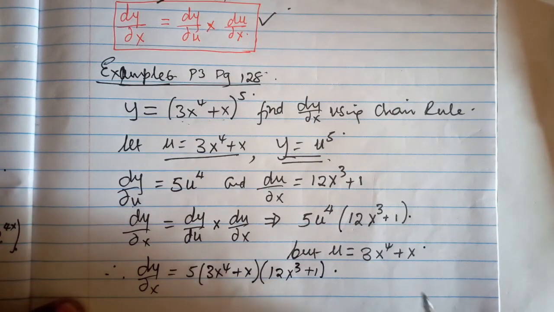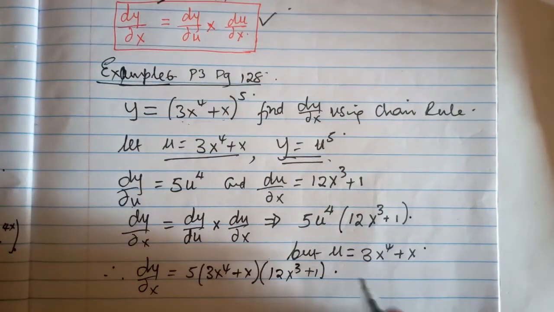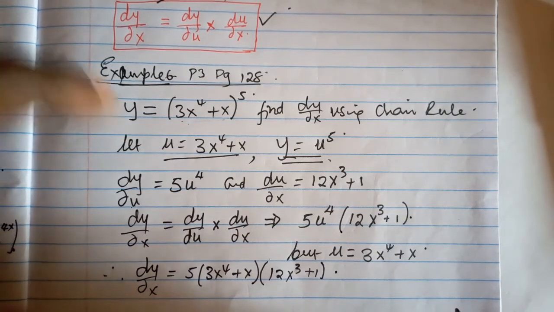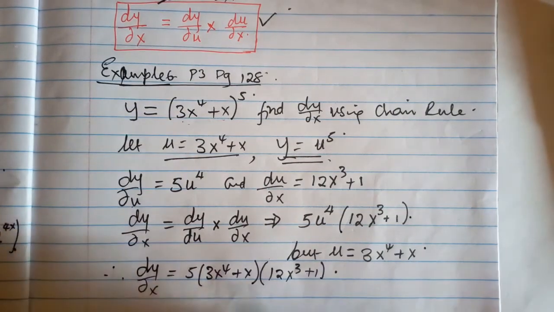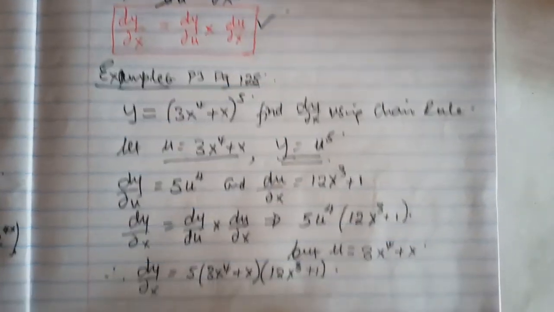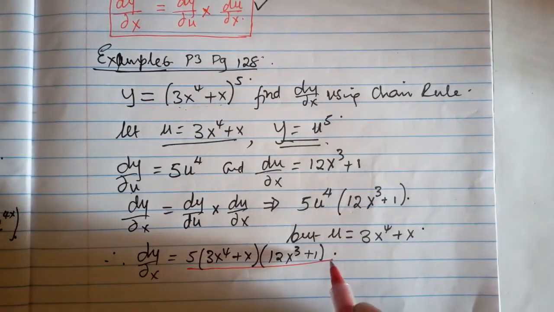That is the final expression that gives us dy dx using the chain rule. Remember, we make the inside of the bracket u and then use the chain rule as elaborated. This is very critical and very important for you to note.